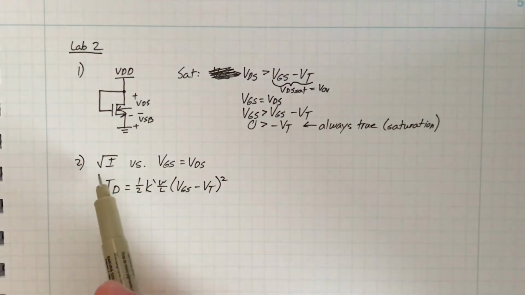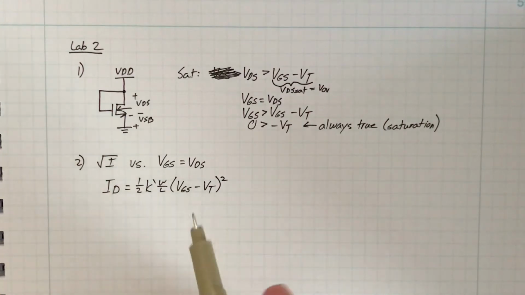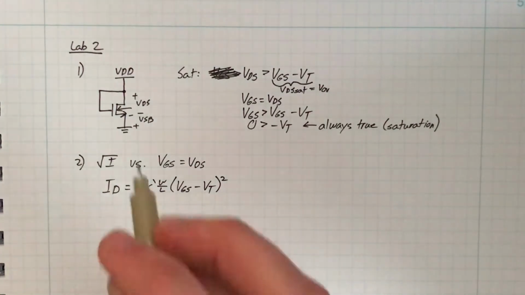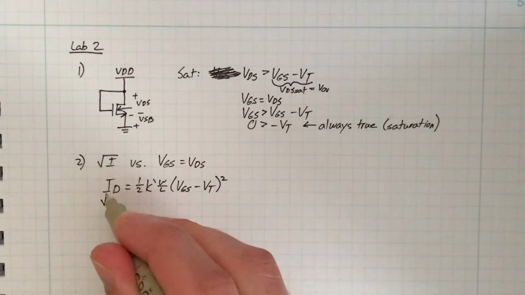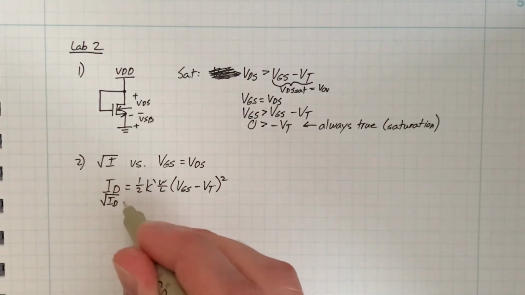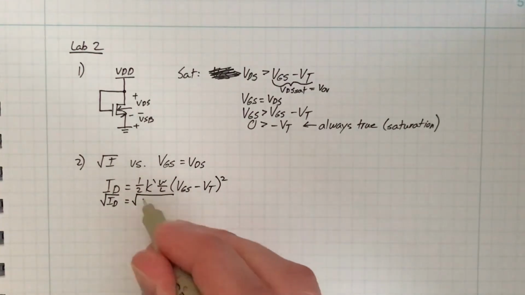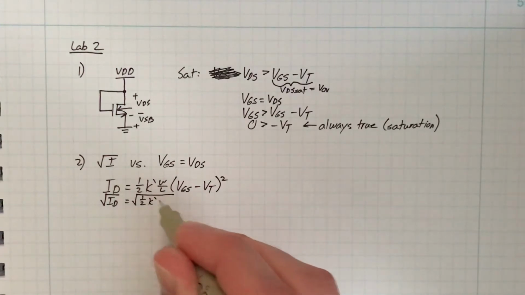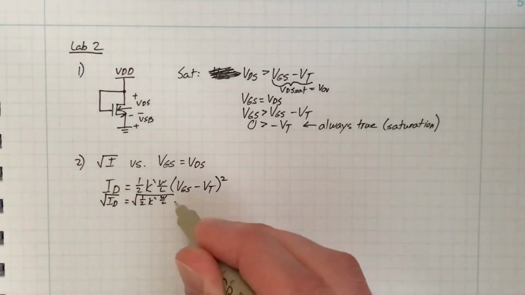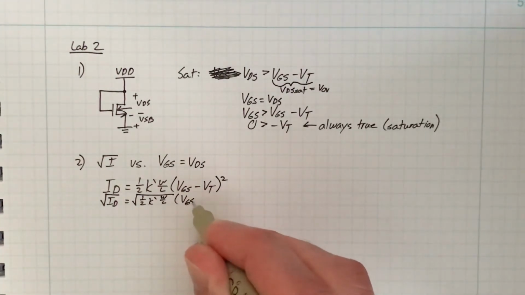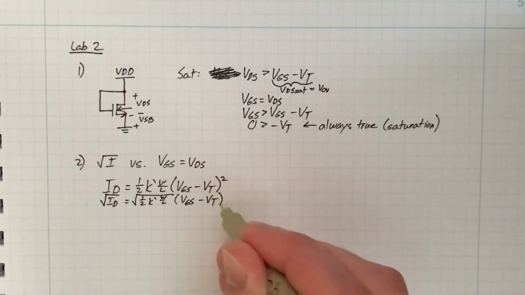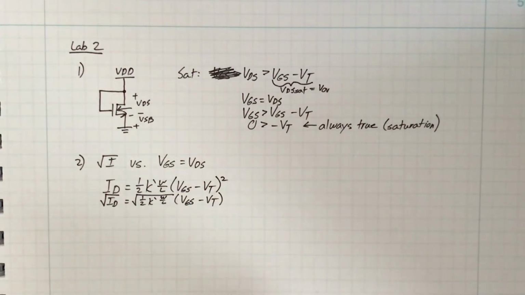If we need to plot square root of ID versus VGS, let's take the square root of this equation on both sides. Square root of ID is equal to square root of 1/2 K prime W over L times VGS minus VT. The square goes away because we took the square root.